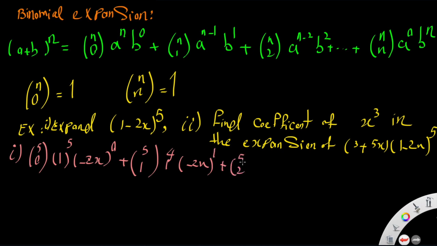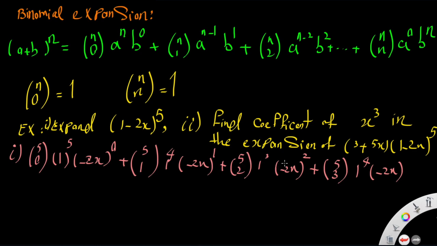Plus combination of 2 and 5, 1 to the power of 3, minus 2x to the power of 2, plus combination of 3 and 5, 1 to the power of 2, minus 2x to the power of 3.